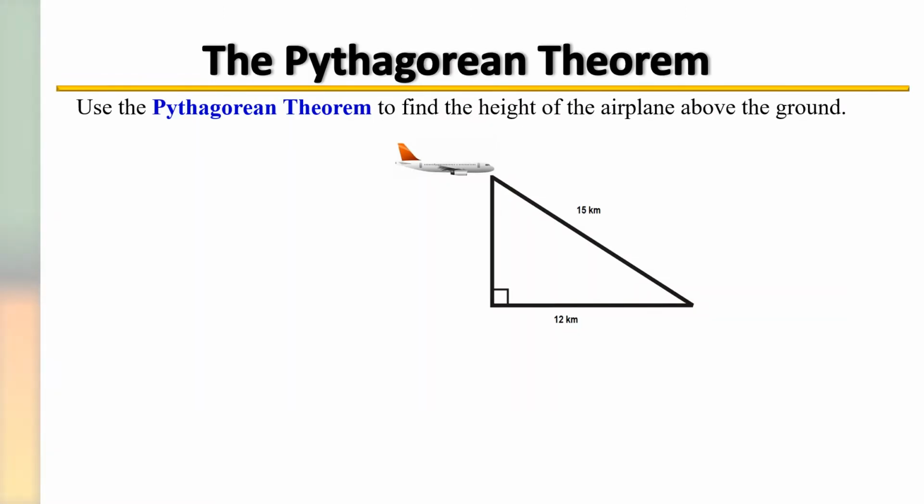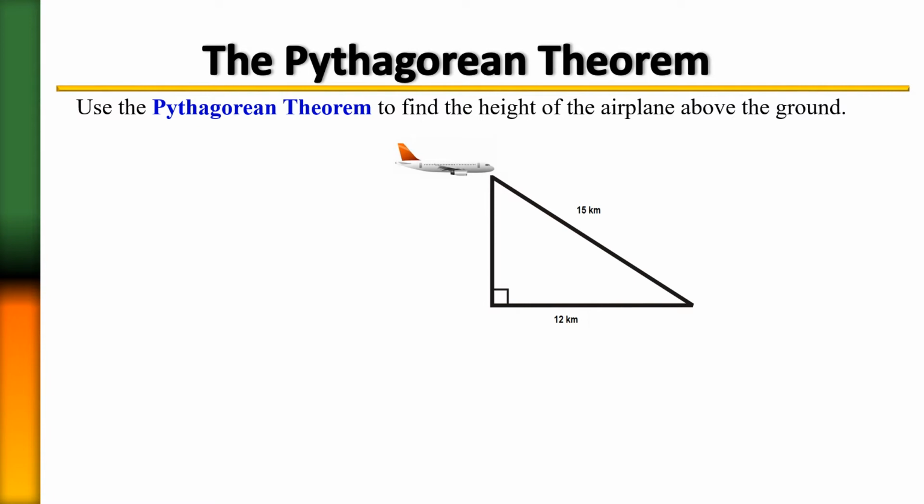So here we have a problem, and we're going to use the Pythagorean theorem to find the height of the airplane above the ground. Now, you can use the Pythagorean theorem only when you have a right triangle. And when you see the little box here, that is an indication that this is a 90-degree right triangle.